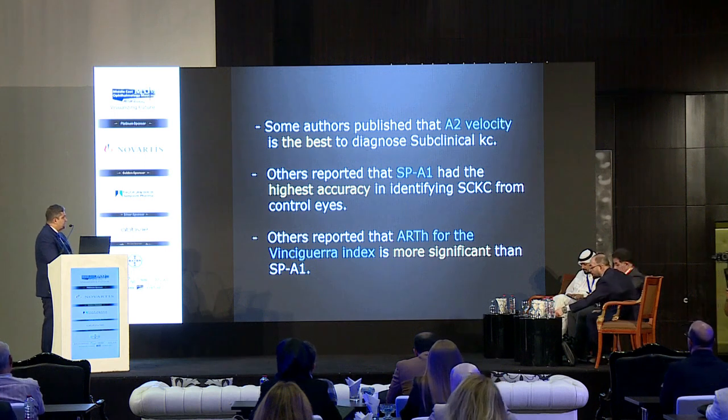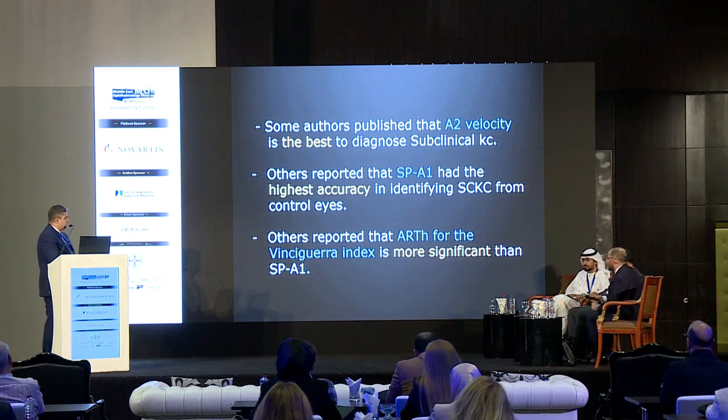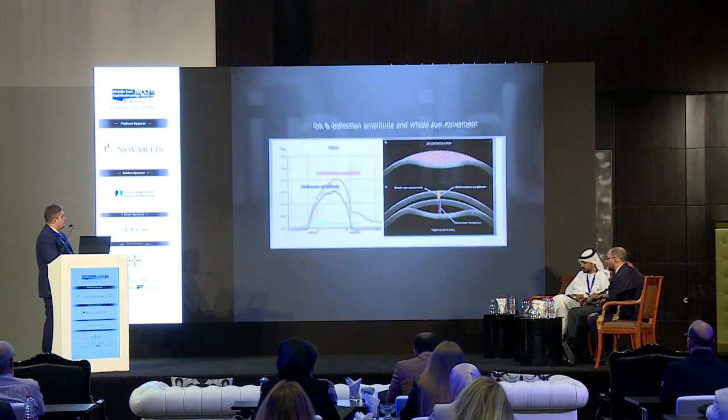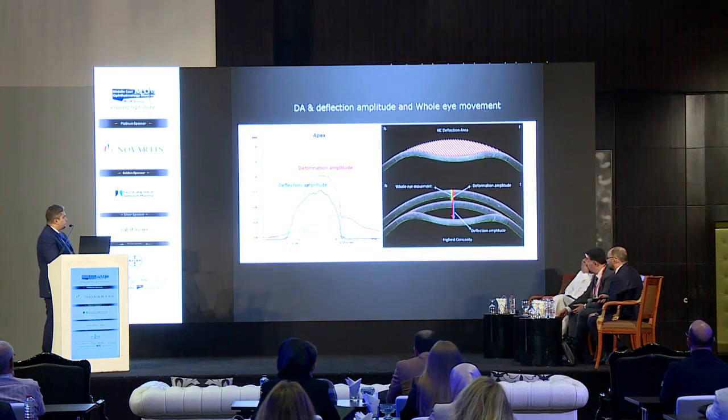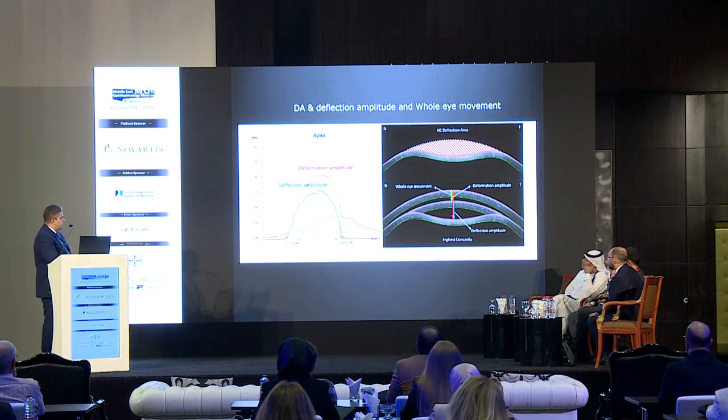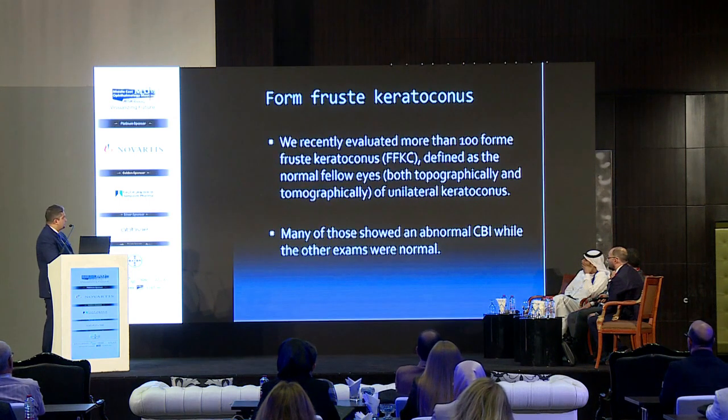The SPA1 had the highest accuracy. Others reported that the ARTh for the Vinciguerra index is the more significant. This is what I depend on, this index. So the deformation amplitude and the deflection amplitude and the whole eye movement, you can see it. And the amplitude between both of them is what we depend on for the diagnosis of early keratoconus.